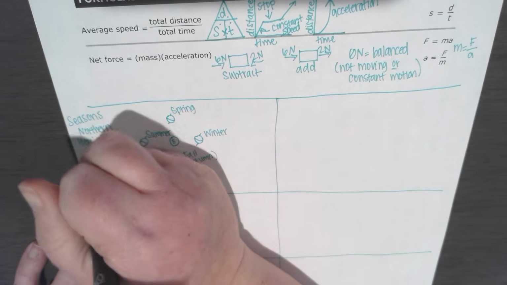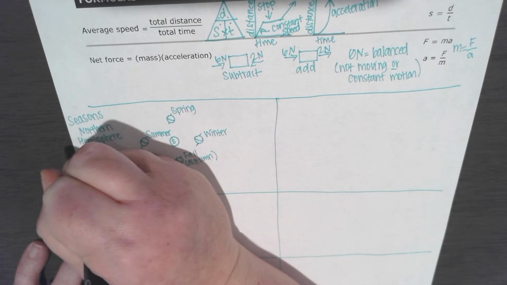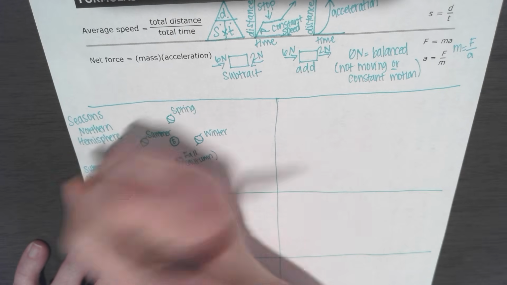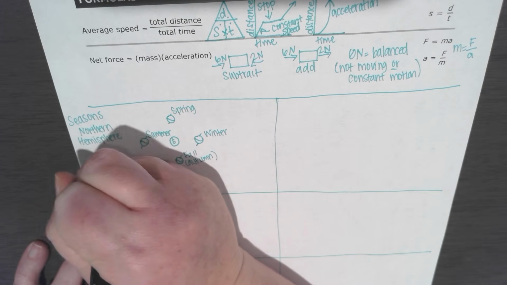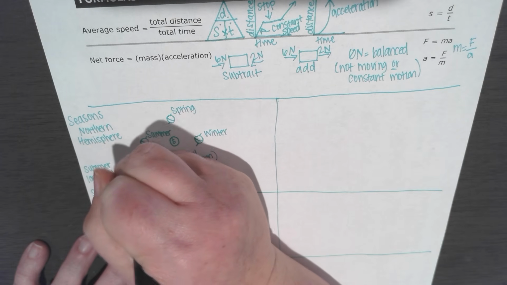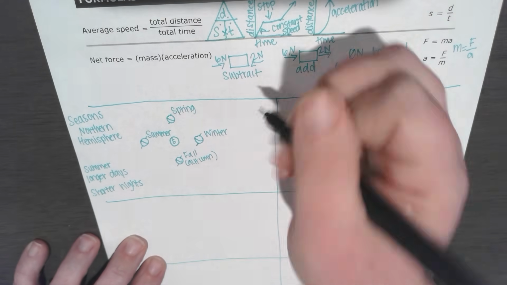In the summer, we have longer days, which means we get more daylight. And we have shorter nights, which means we get less time without the sunlight.